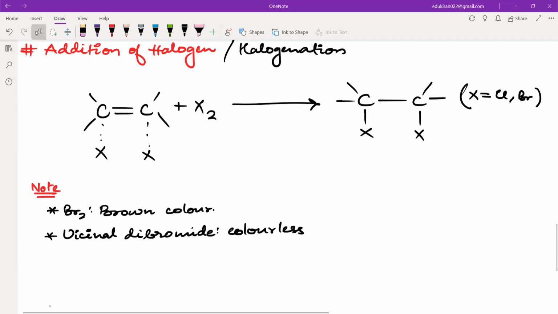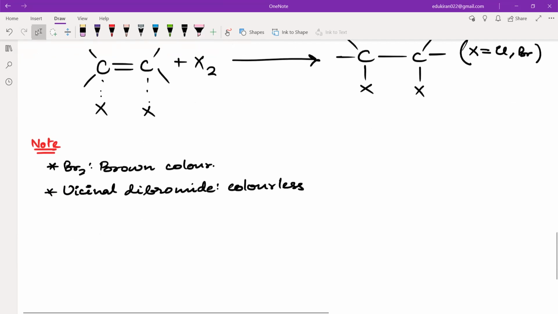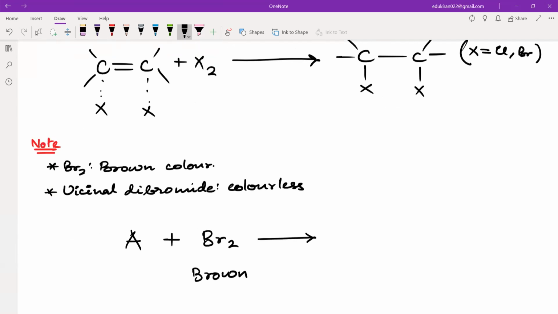Now this information is used for the detection of alkene. Why? Because if I had some molecule, let us say A, and I reacted this with Br2, this solution was brown initially. As soon as I added A, it became colorless. We got some product P, and the solution was colorless.